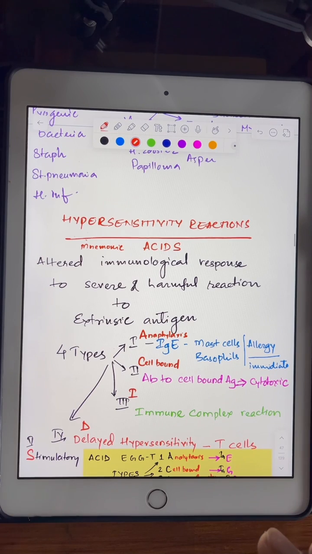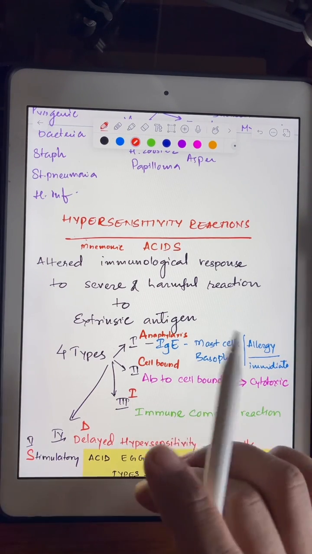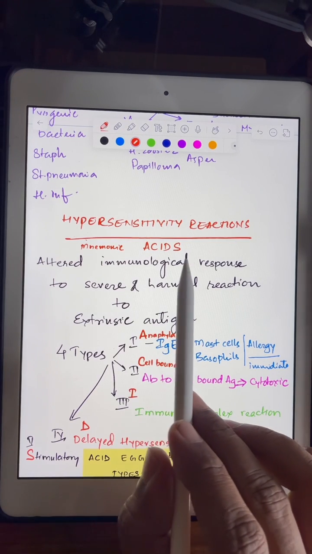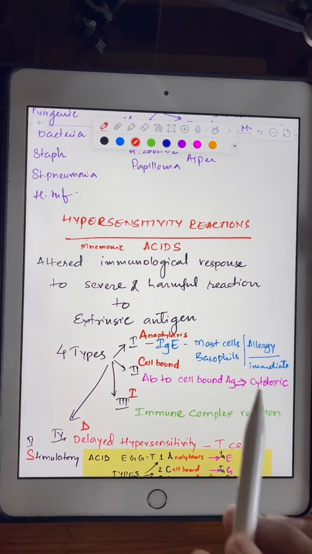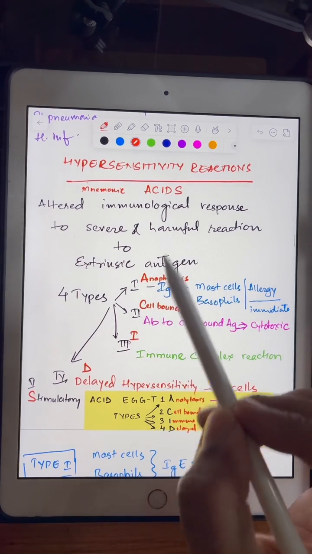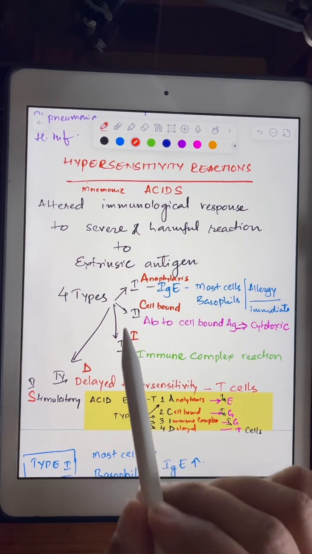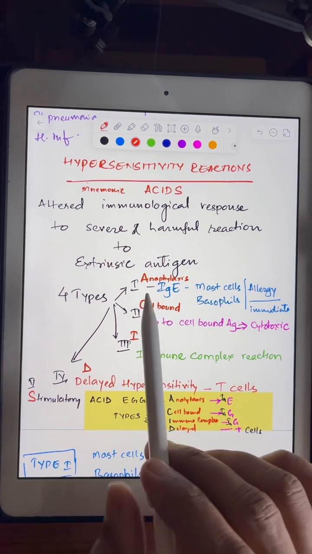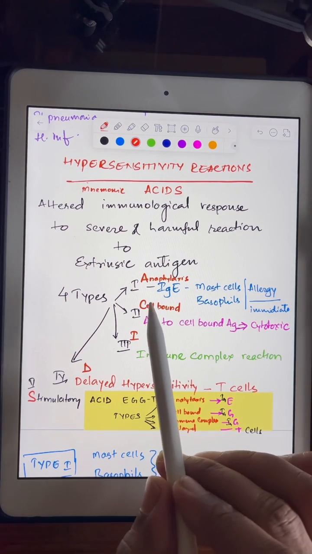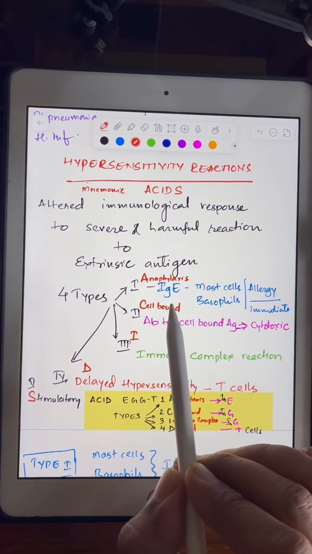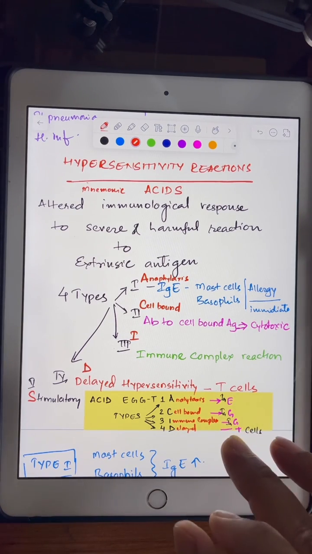Hypersensitivity reactions, where the body's response is excessive. The mnemonic is ACID: altered immunological response, a severe and harmful reaction to extrinsic antigen. There are 4 types, A, C, I, D, and a fifth also. The first, type 1 hypersensitivity, A is anaphylaxis, most commonly caused by allergy; it is immediate, and mast cells and basophils are responsible.